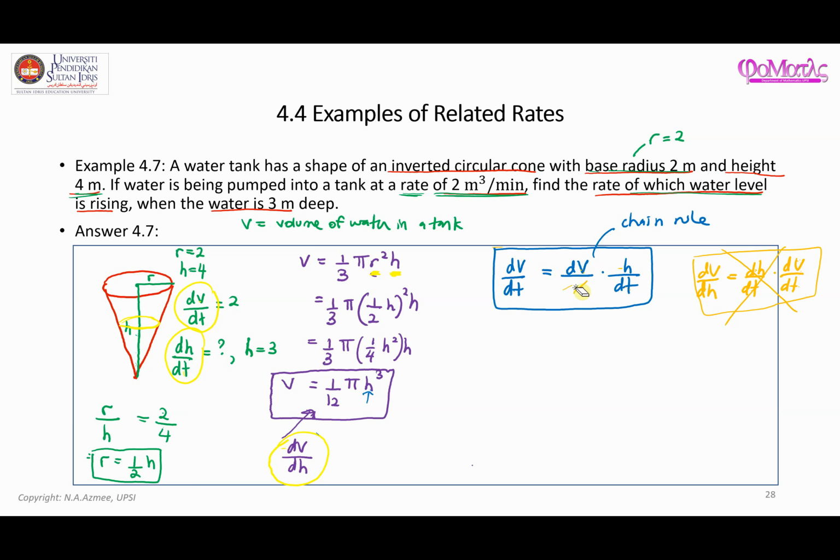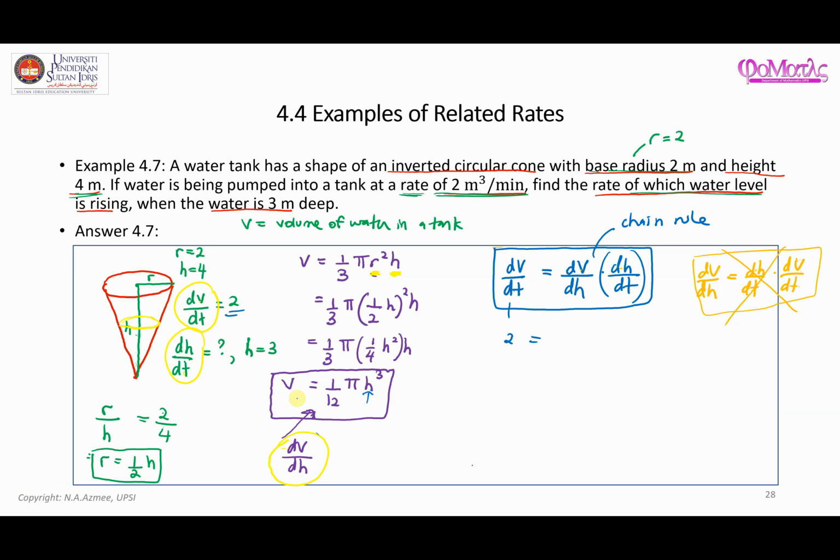Okay, so I'm just going to write down this thing again. Here we have dv/dt equals dv/dh times dh/dt. Now dv/dt is already given, which is equal to 2, so I'm just going to substitute that. So this is 2.